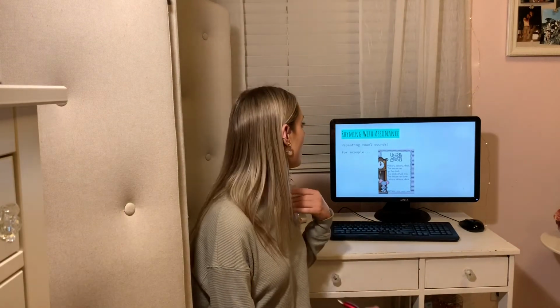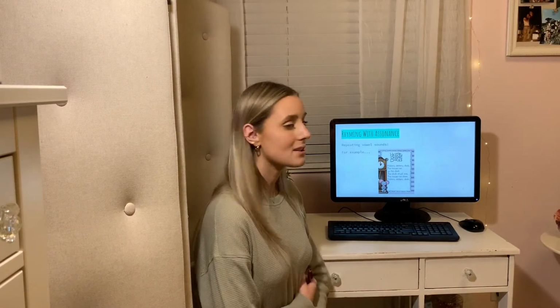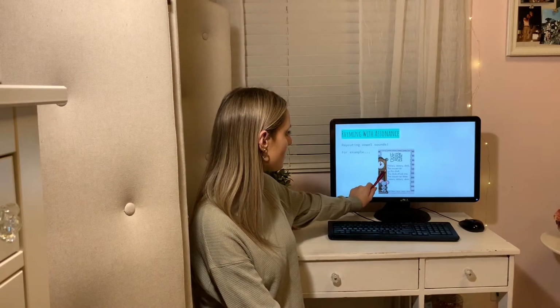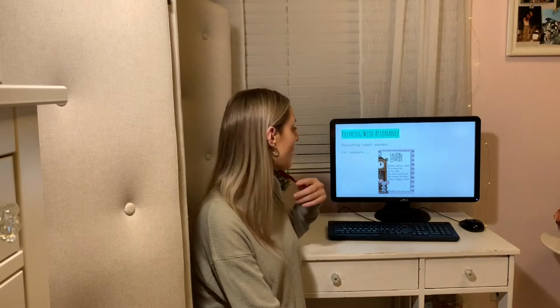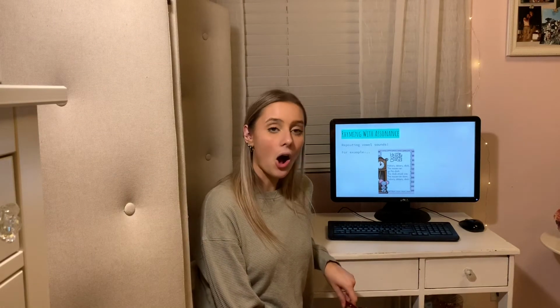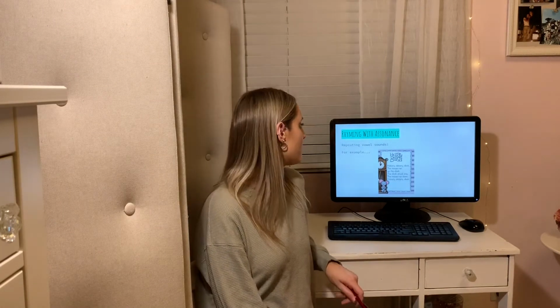Same with rhyming with assonance. That is another repetition, but this time you're not repeating a certain letter, you're just repeating a certain vowel sound. So we have hickory dickory dock as our example. Hickory dickory dock, the mouse ran up the clock. The clock struck 1, the mouse ran down, hickory dickory dock. So in this poem, they are repeating the ah sound, that O vowel.